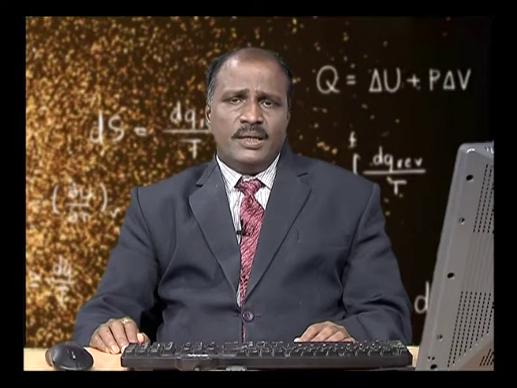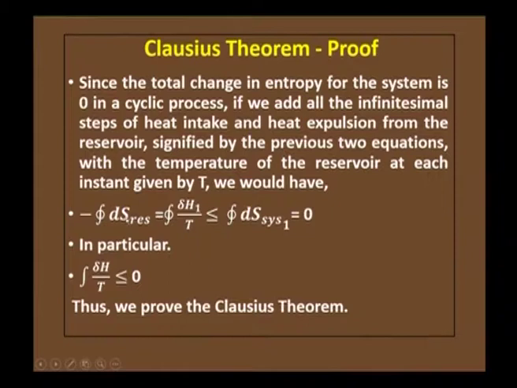Since the total change in entropy for the system is 0 in a cyclic process, if we add all the small steps of heat intake and heat expulsion from the reservoir signified by the previous equations, with the temperature of the reservoir at each instant given by the temperature T, we would have minus integral dS of reservoir is equal to integral around a closed loop delta H1 by T is less than or equal to integral around a closed loop dS of system 1, which is equal to 0.